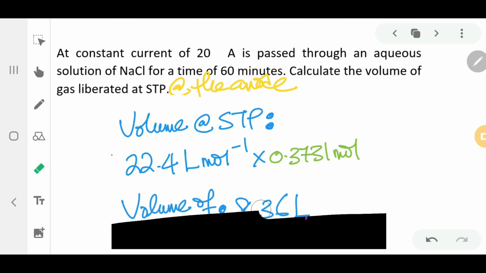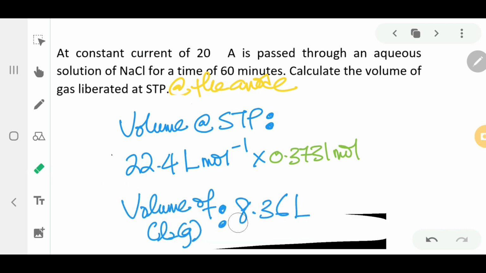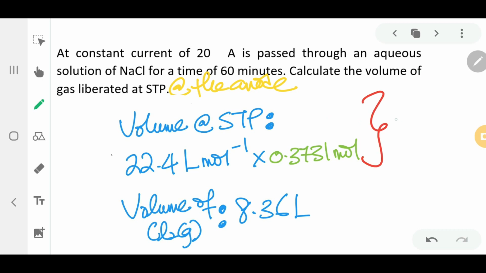And you will be able to get the volume of chlorine gas equals to 8.36 liter. So when you do this, you get this one 1 mark and 1 mark.